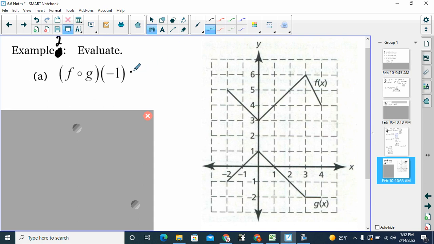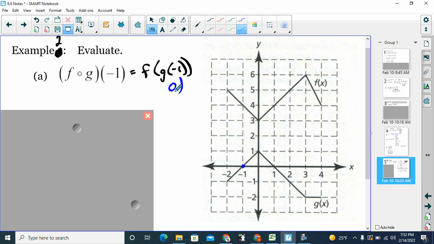First thing we're going to do is rewrite this in this other form. Again, I always think this is easier to look at. G of negative 1 means when x is negative 1, I want to know what g of x is equal to. So when x is negative 1, g of x, which is this function here, has a y value of 0.